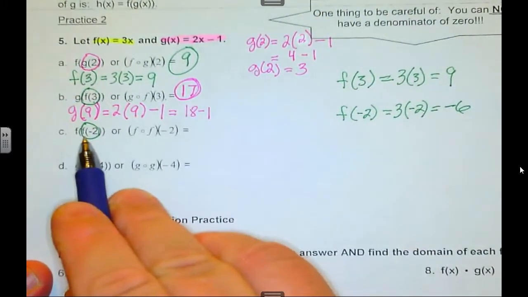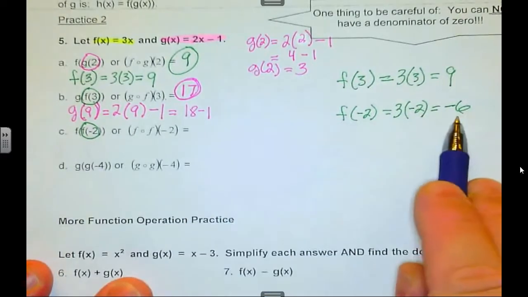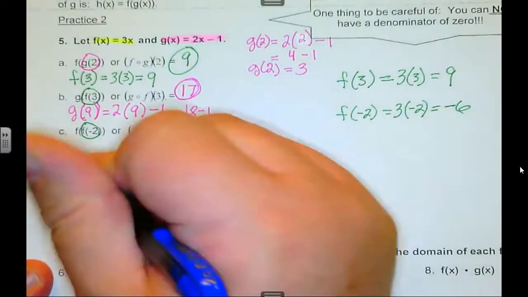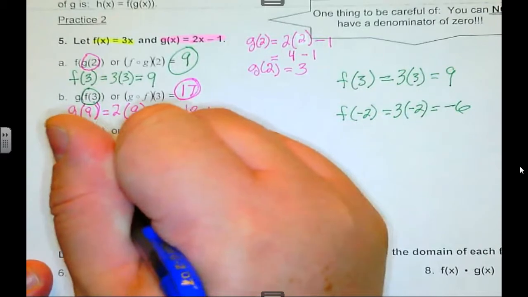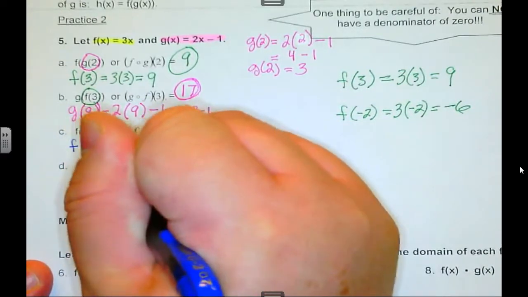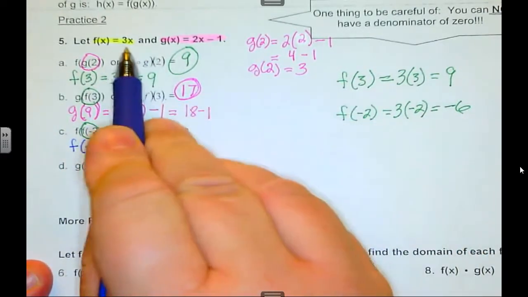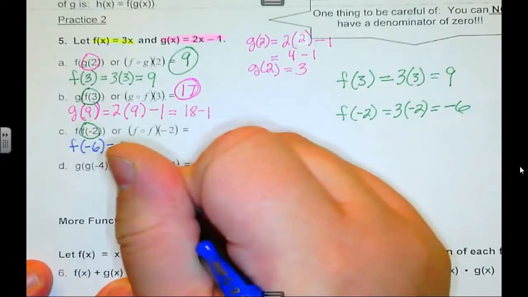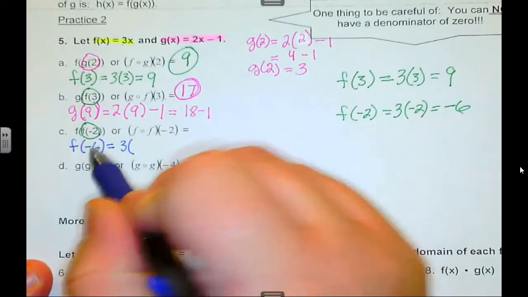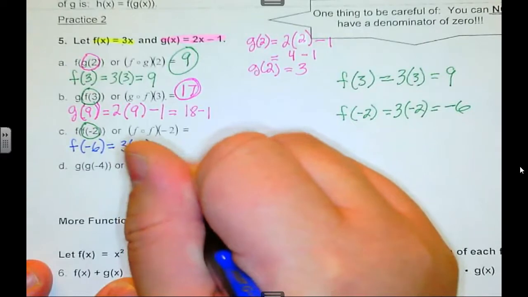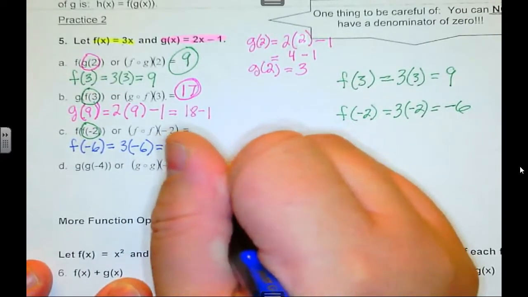So I'm going to replace the f of negative 2 with negative 6. So I need to find the f of negative 6, which equals 3 times negative 6, which equals negative 18.